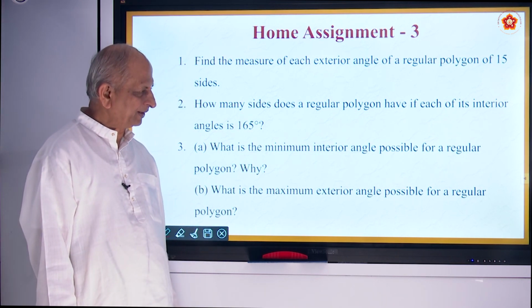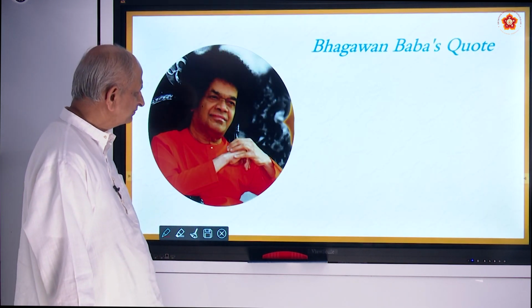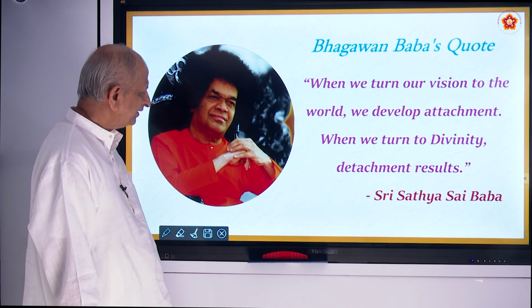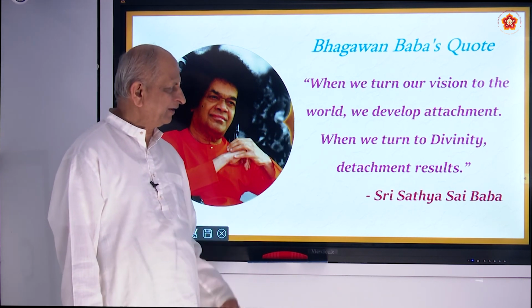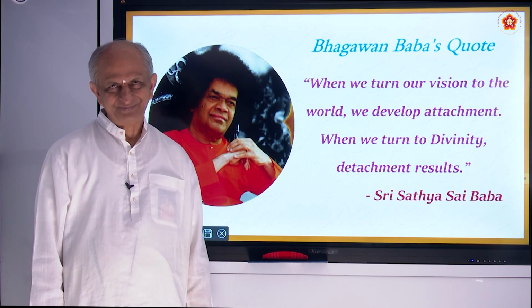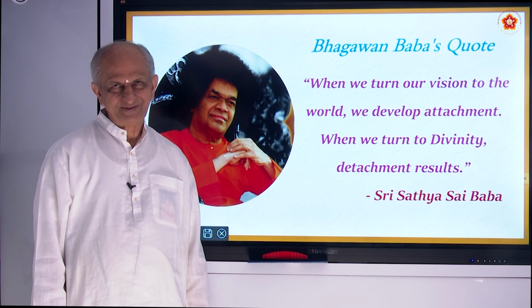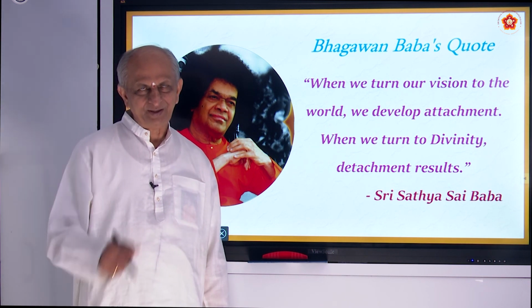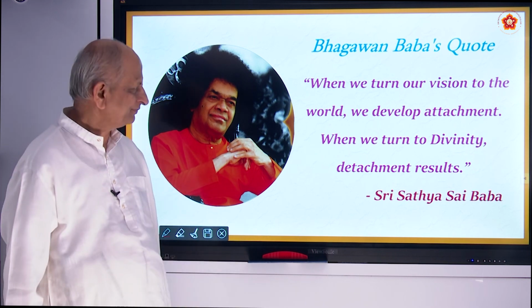Now let us see what Bhagwan Baba says. Bhagwan Baba quote. Quote means what he says. When we turn our vision to the world, we develop attachment. Attachment for the body, attachment for the dresses, attachment for eatables, attachment for vehicles, and so on.